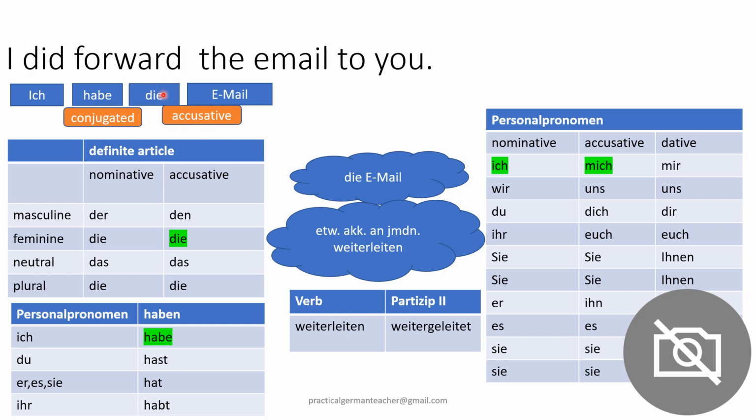So ich habe die Email. Preposition an, what comes after this will be accusative, and since it is I did forward the email to you, it should be this one, an dich. Okay, so an dich, then you use the Partizip zwei of the verb. Partizip zwei of weiterleiten is weitergeleitet.